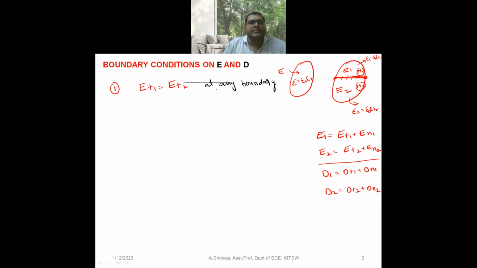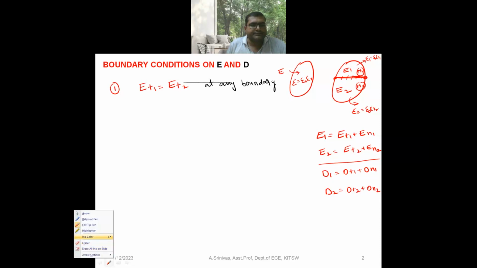What it means is the tangential component of electric field in medium 1 is equal to the tangential component of electric field in medium 2 at any boundary, or the tangential component of electric field is continuous across any boundary.